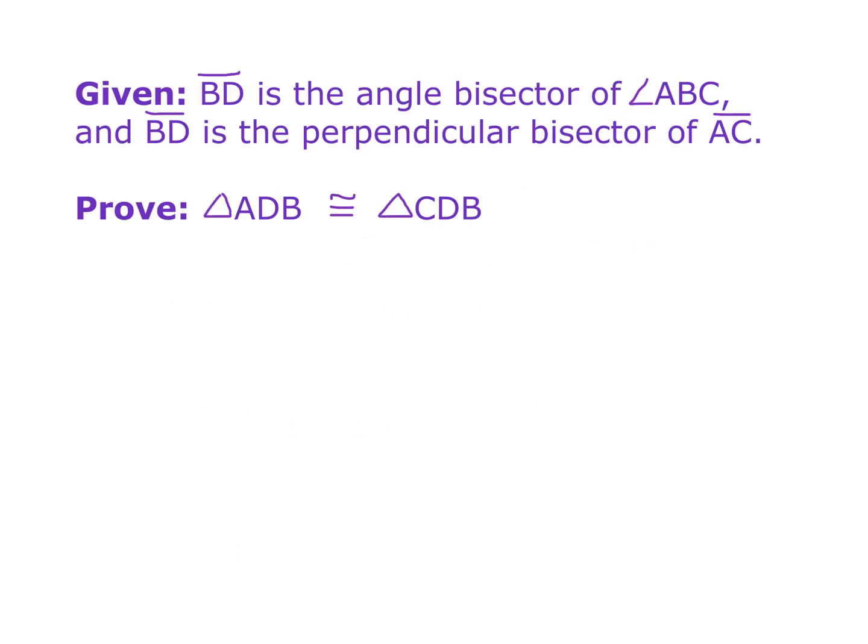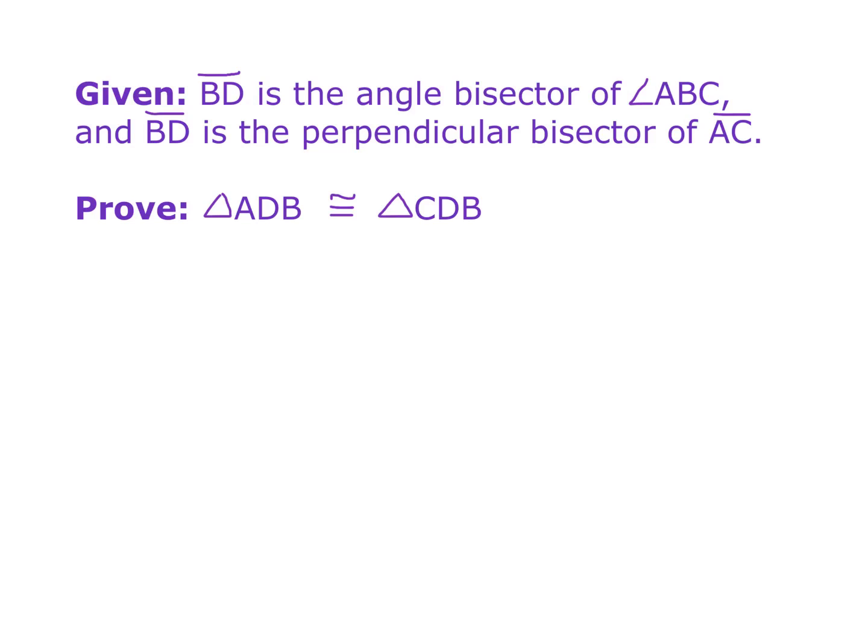Let's look at an example here. On this example, we see just words. There isn't a picture created for us. So what I would suggest that you do is draw yourself a picture to match the information that's been provided.